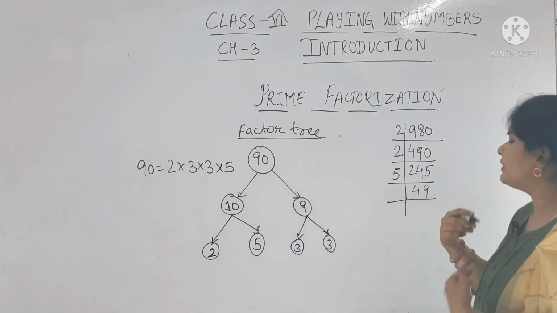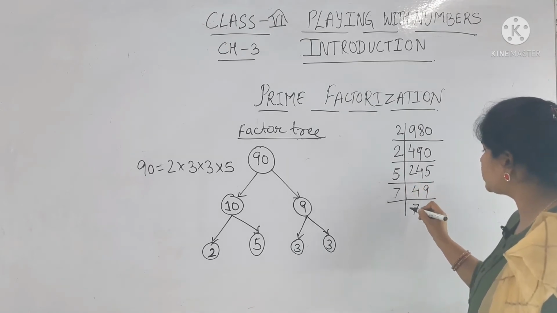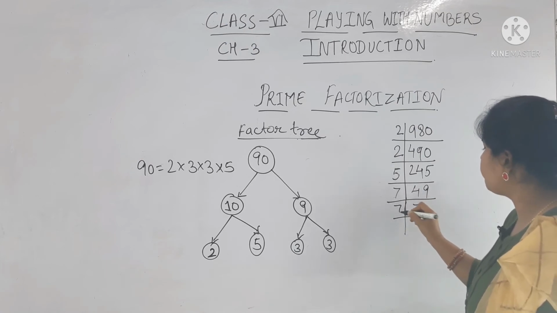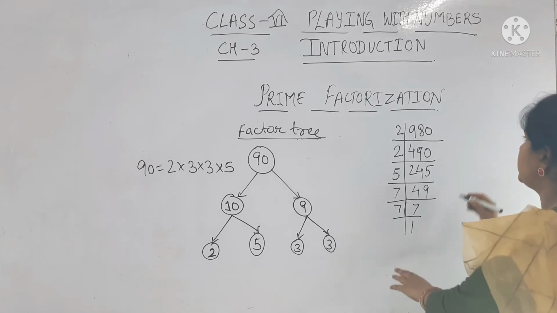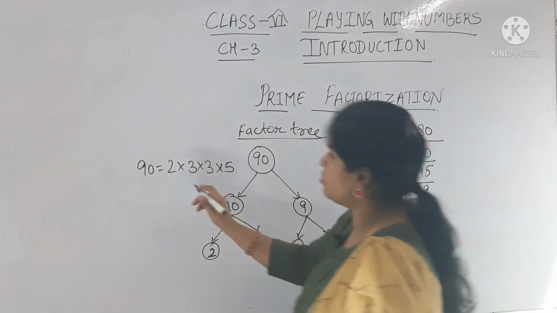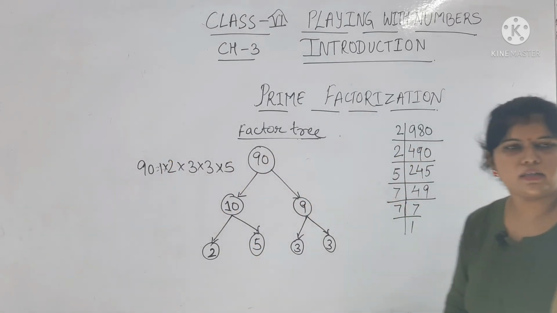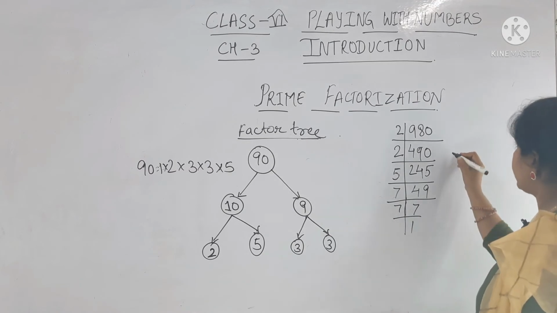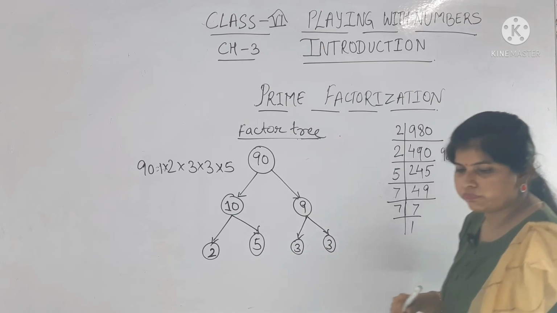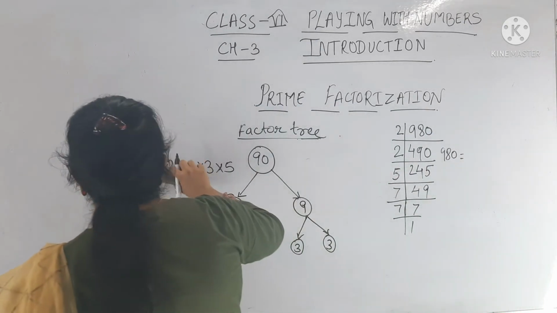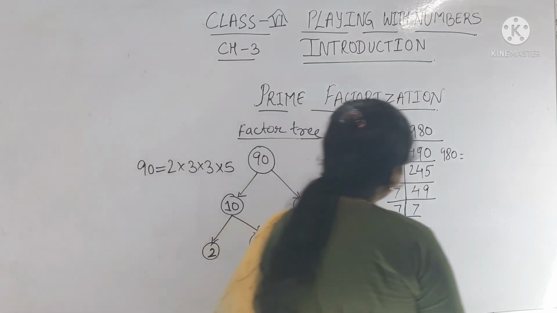Now the next prime number is 7. We know that 7 7s are 49, then 7 1s are 7. You have to continue up to 1. 1 is neither prime nor composite, so you do not include 1 here.